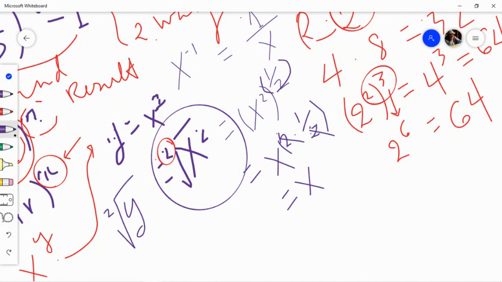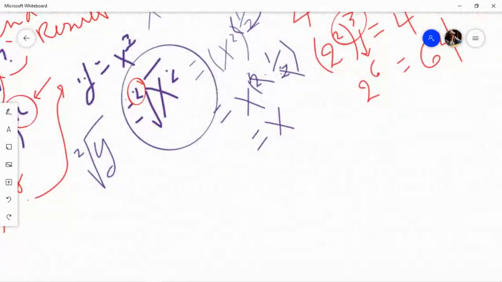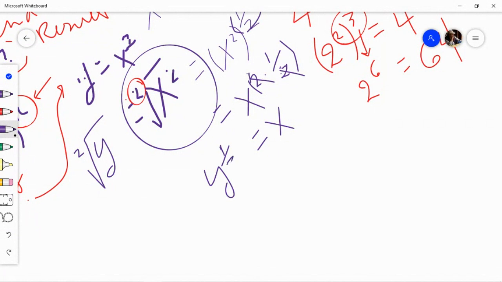And therefore, eventually, you can write it like this. You arrive at x, you came to x, right?